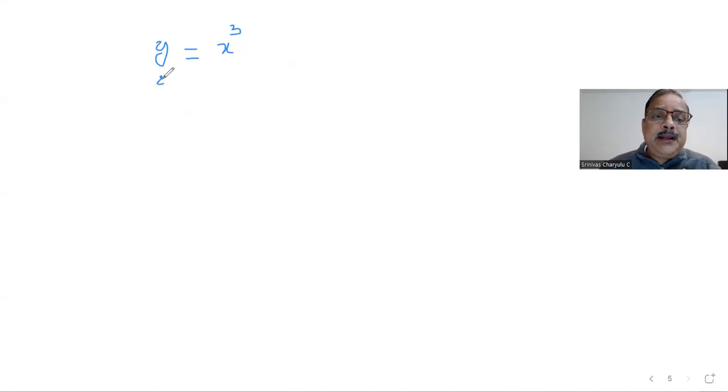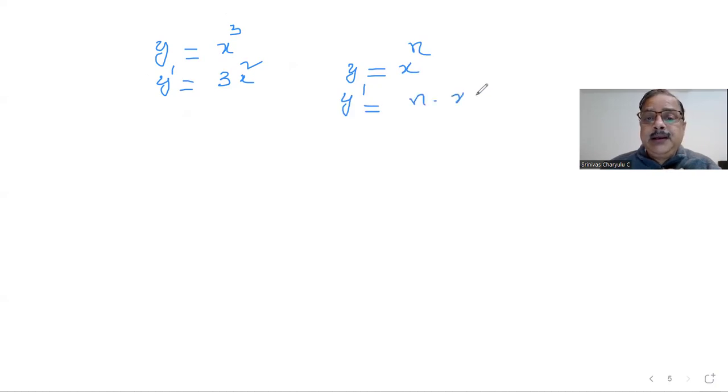For this, y dash will become 3x square. You can practice this. So by seeing these notations, you will understand that if y is equal to x to the power of n, differentiation of y with respect to x is given by n into x to the power of n minus 1.